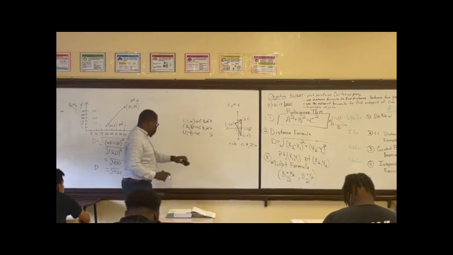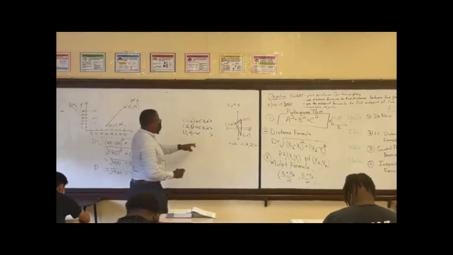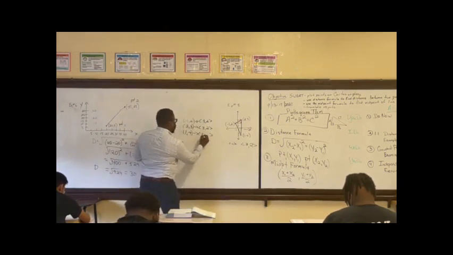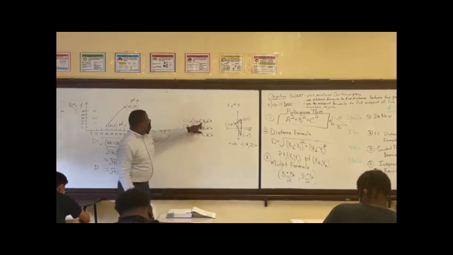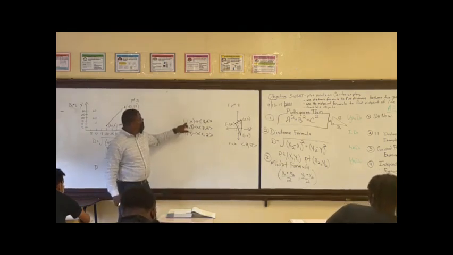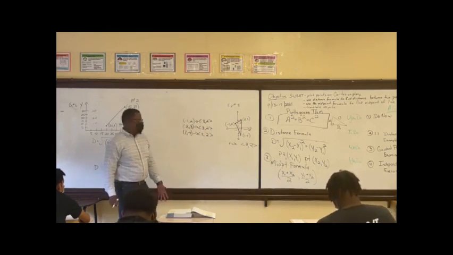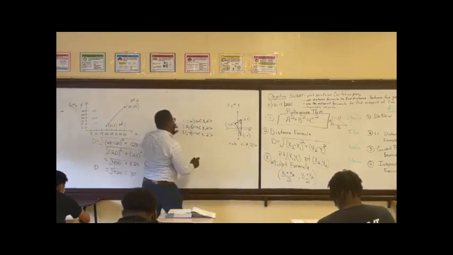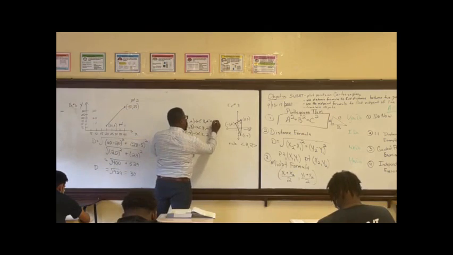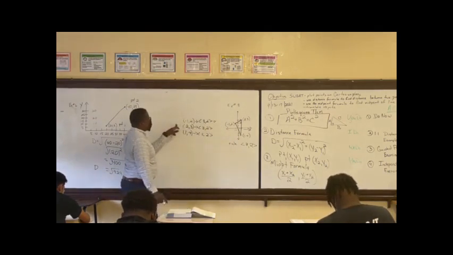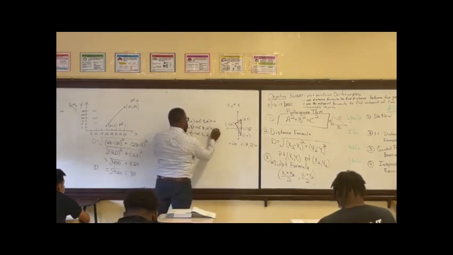The simple thing is for us to go ahead and add this 3 to the x value and add this 2 to the y value. That's it. So watch this. If I want to translate this over, shift this over, translate, slide, shift, you'll hear all those terms.